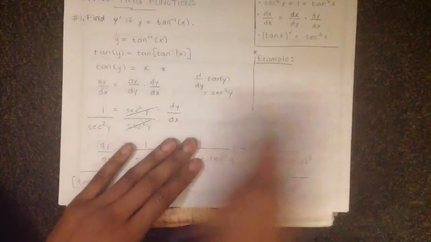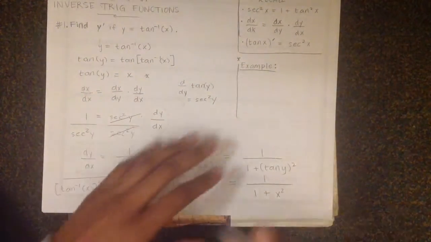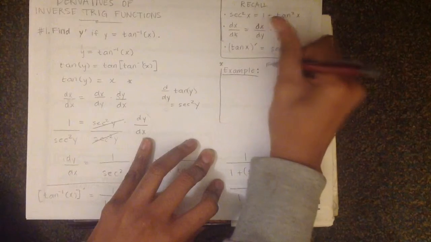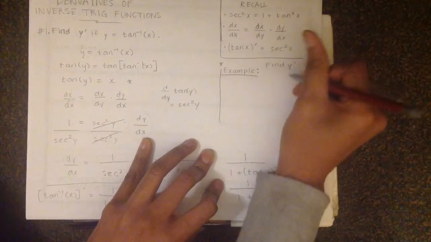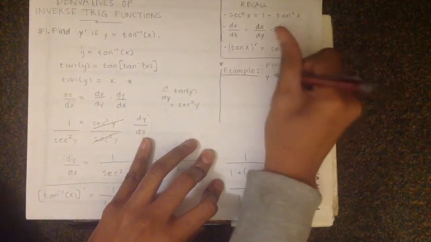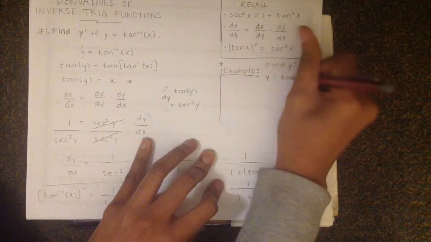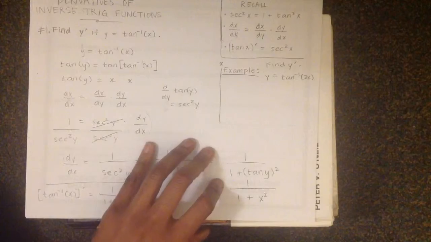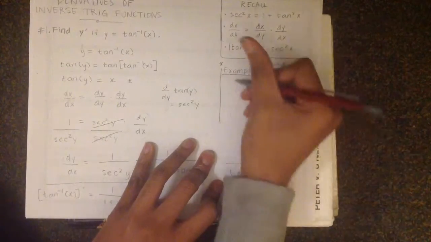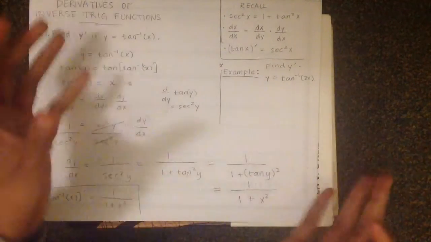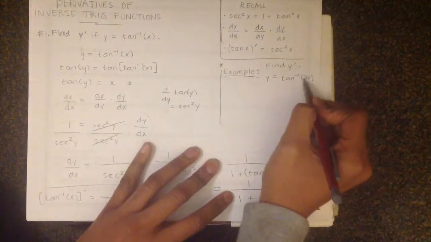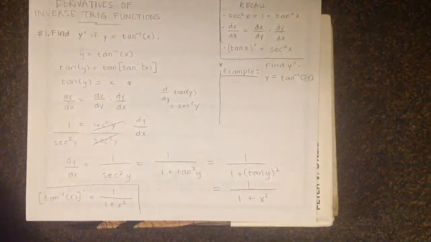So what we're going to do right now is give an example. Say for instance they want you to find out what y prime is if y is equal to tangent inverse of 2x. Now what you would do is take the derivative of the whole function times the derivative of the function inside.